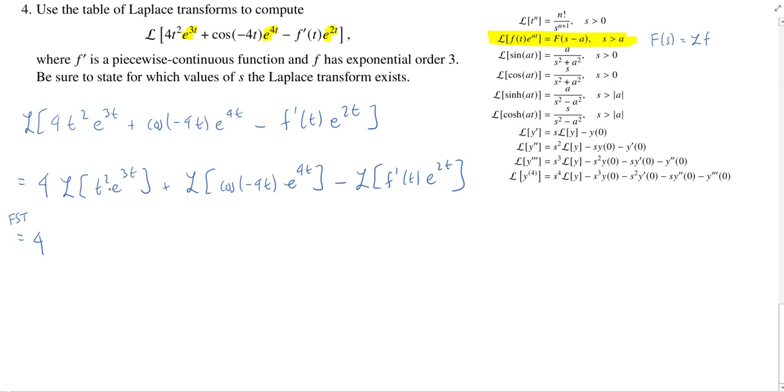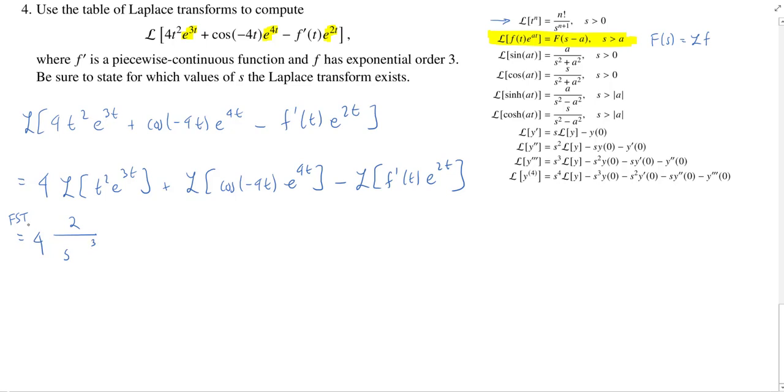Okay, so to get the Laplace transform of t squared, I'm going to use this top line. In this case, my n is 2. So I get 2 factorial, which is 2, over s to the 2 plus 1. So that's going to be s cubed. Now, I'm making a little space here. Why am I leaving all that space between my s and my 3?